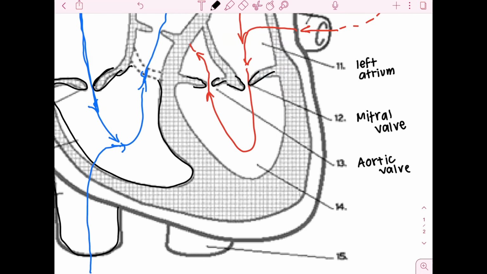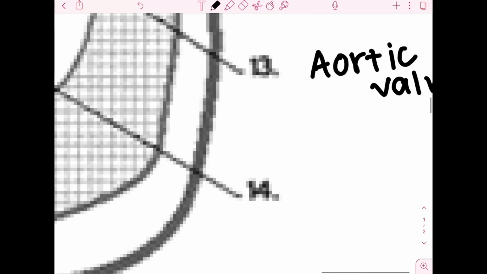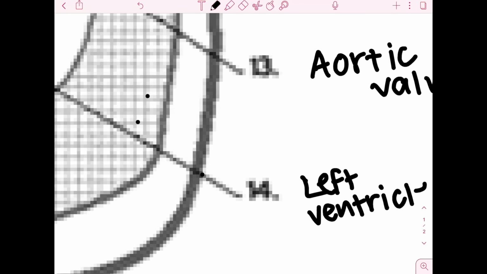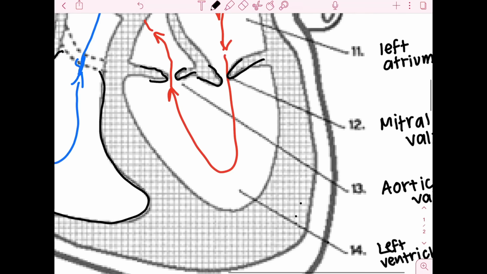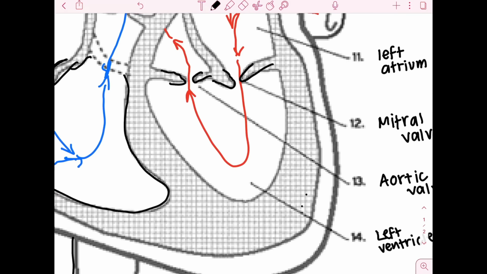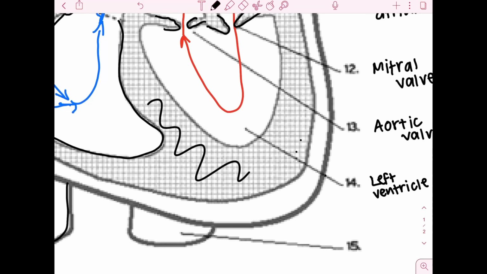Okay, so now that we have this blood flow, we can move on to number 14, which is going to be the left ventricle. So let's write this down. Left ventricle. Okay, this is going to be the final chamber of the heart that we're going to talk about because it is the fourth chamber of the heart. This chamber contains oxygenated blood and is surrounded by all of this muscle.